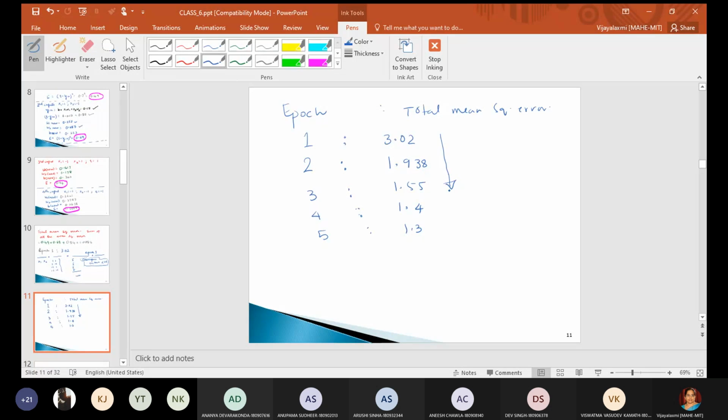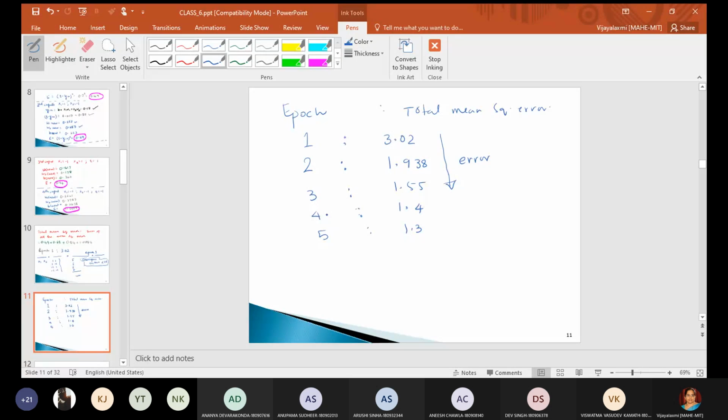If you do the sixth one, it may go to 1.2, and at the seventh, it may go below 1. As you increase the iterations, the error reduces. You can see the reduction in the error. So if you set 1.5 as the convergence criteria error, then you can stop when 4 iterations are over.